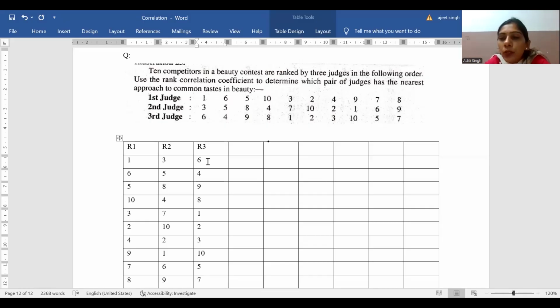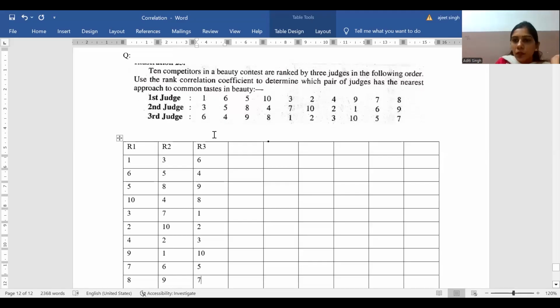Now we have to calculate the difference. When we have two variables, there is only one difference, which is D. Now when we have three judges, there will be three differences: between judge 1 and judge 2, judge 1 and judge 3, and judge 2 and judge 3.